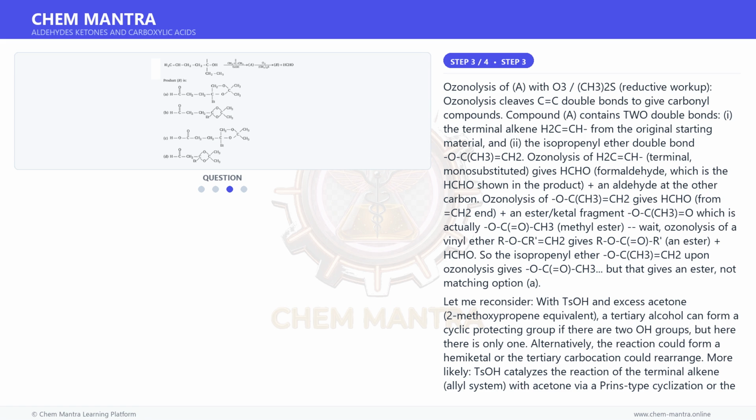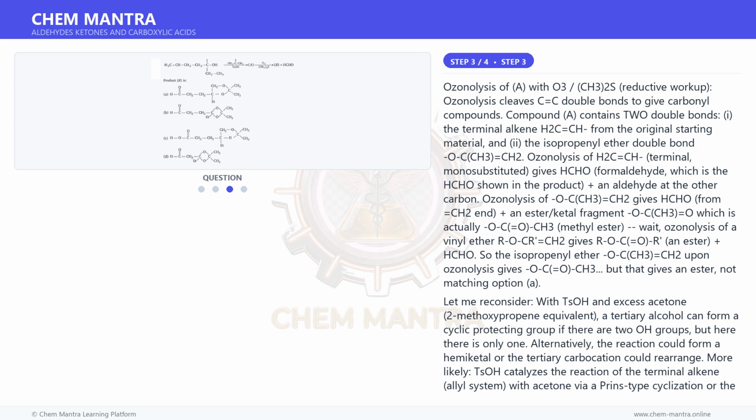Wait, ozonolysis of a vinyl ether ROC(R)=CH2 gives an ester, ROC(=O)R, plus HCHO. So the isopropenyl ether upon ozonolysis gives OC(=O)CH3. But that gives an ester, not matching option A.